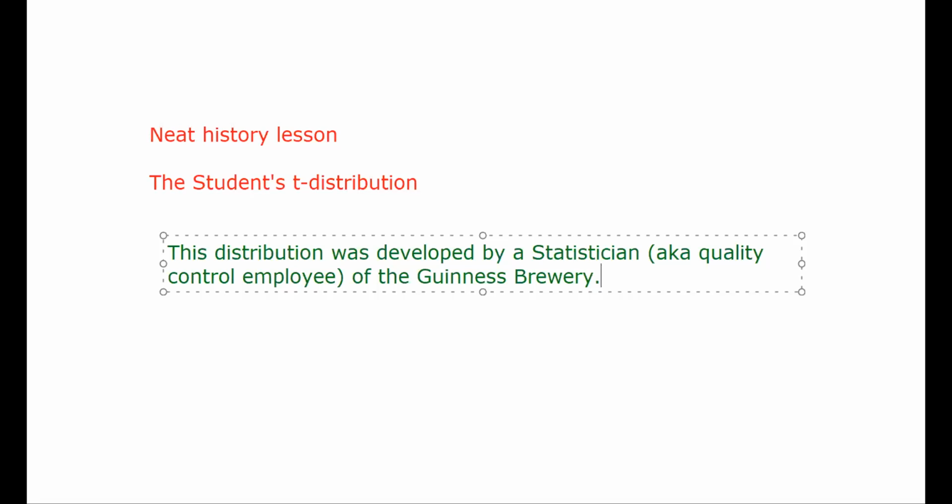So the statistician was not allowed to publish his research under his own name because then he'd get sued by Guinness. He probably signed a non-disclosure agreement with them. So he published it under the pseudonym Student. And so we call it the Student's t-distribution to this day.